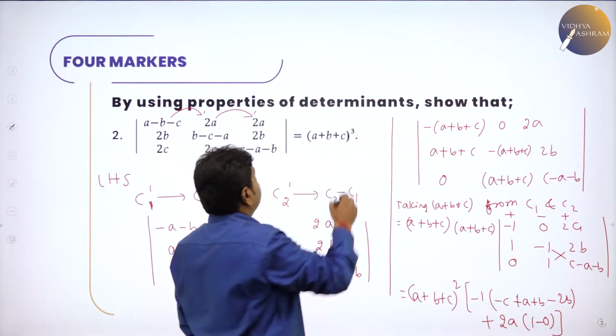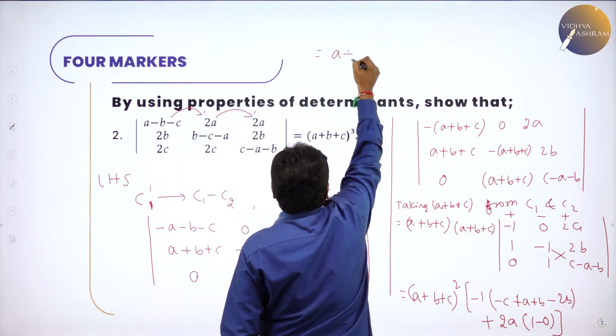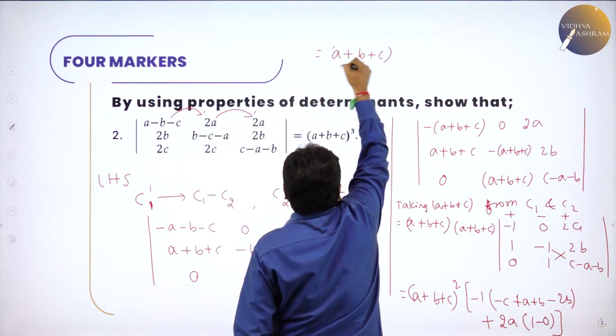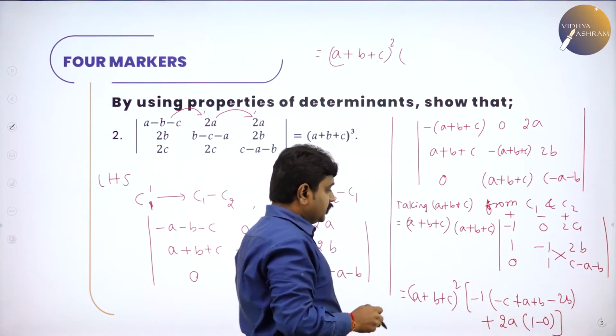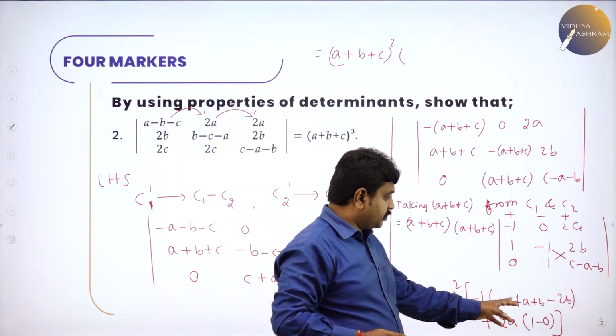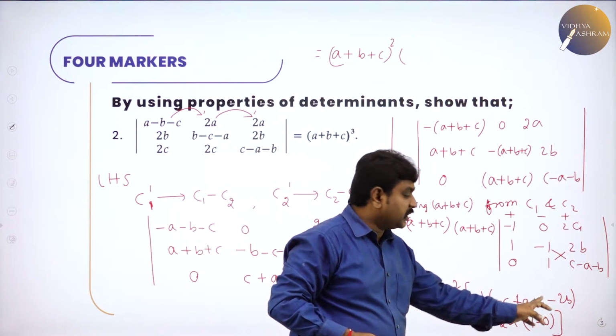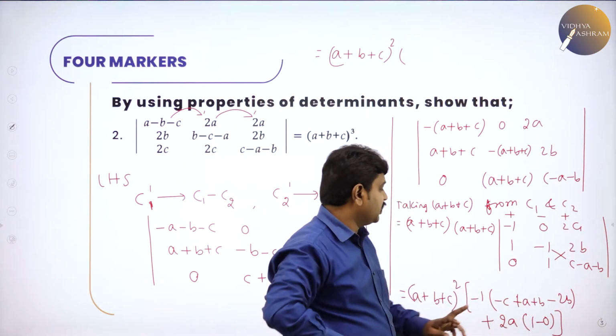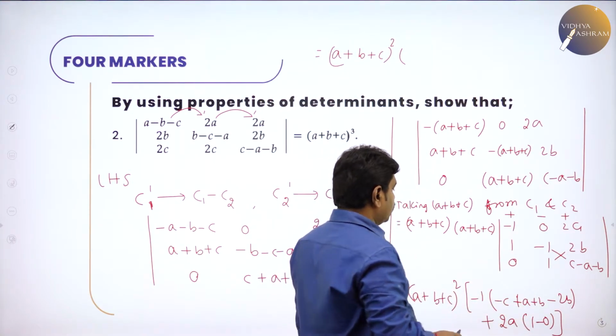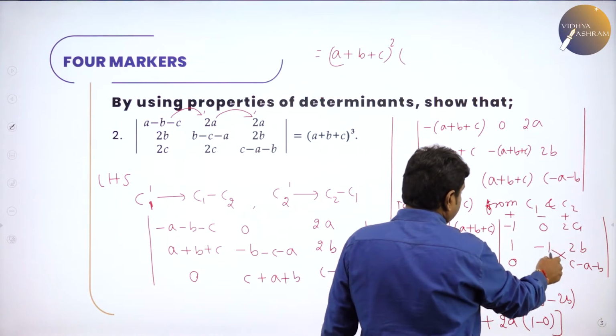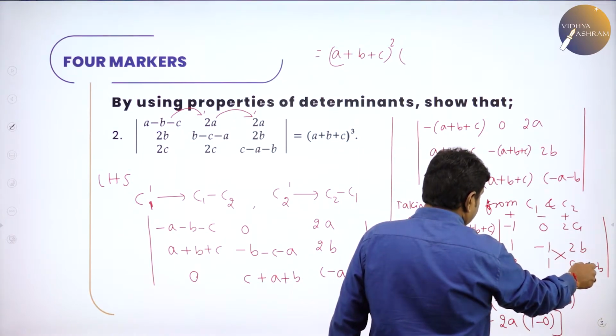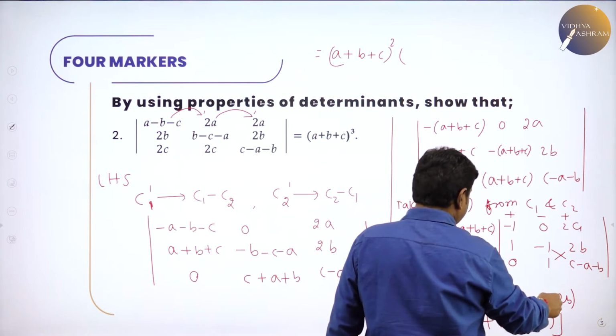So now we'll simplify this. I have a plus b plus c the whole square into, so if you simplify, b minus 2b is minus 3b, and expand it. So here minus 1 into, deleting these two, it will become minus c plus a minus b into minus b plus b.